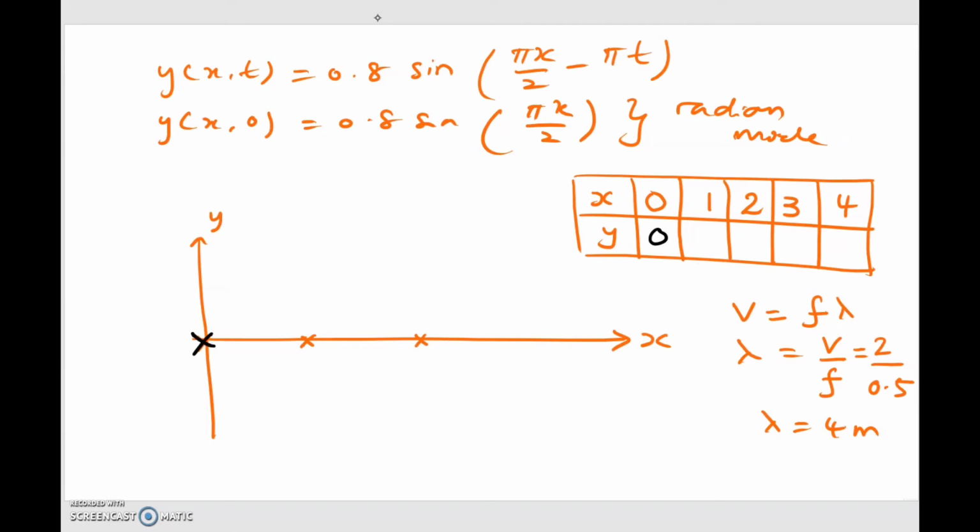When x equal to 1, y equal to 0.8 sine pi over 2, you will have 0.8.